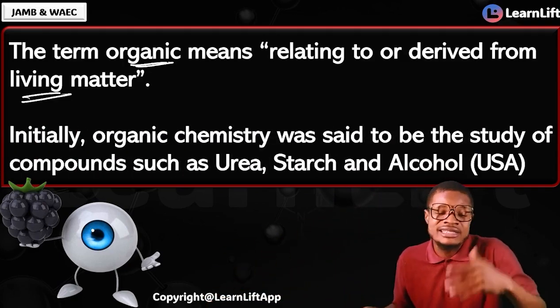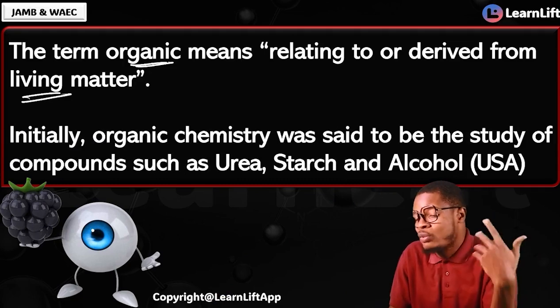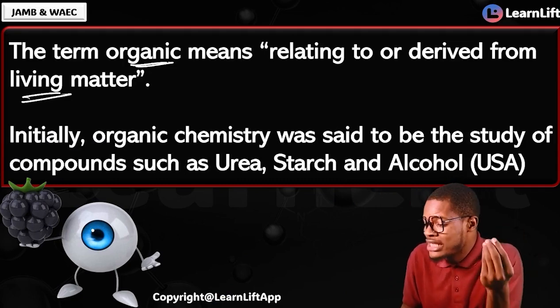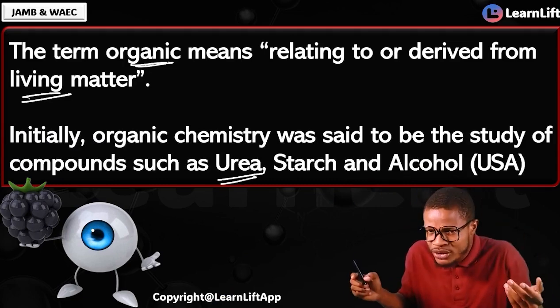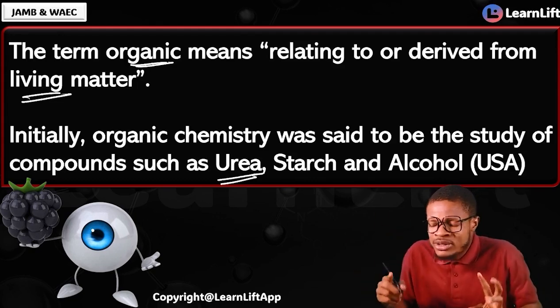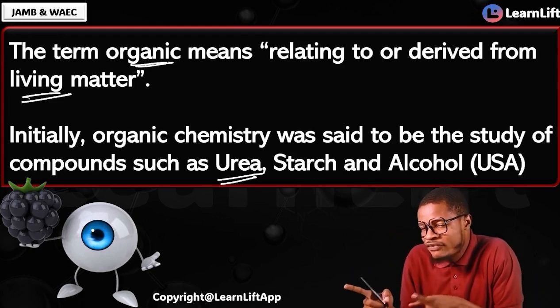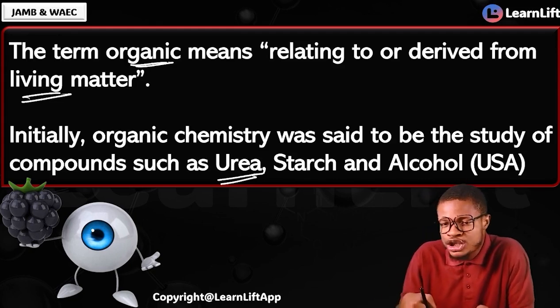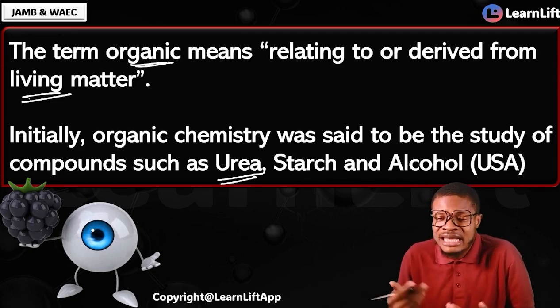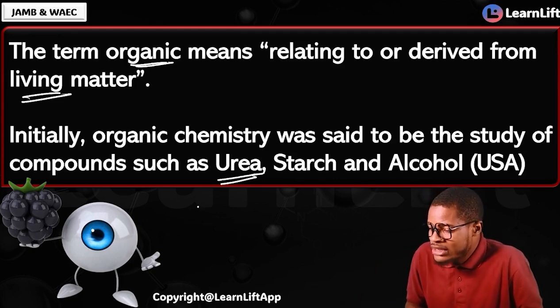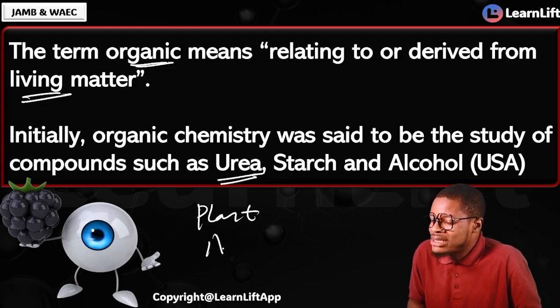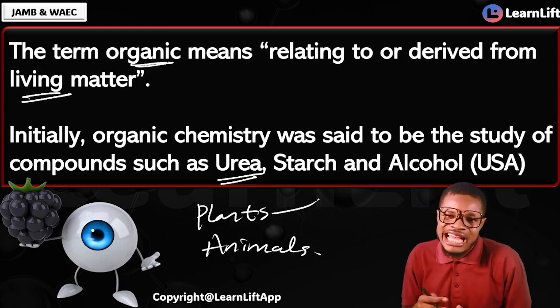And you must not forget that initially organic chemistry was said to be the study of compounds such as your urea. First and foremost, where do we derive urea from? We said that the word organic means living. If organic means living, in biology, we are made to understand that living things are divided into 2. Your plants and animals. So anything you derive from your plants, what are they? Living.